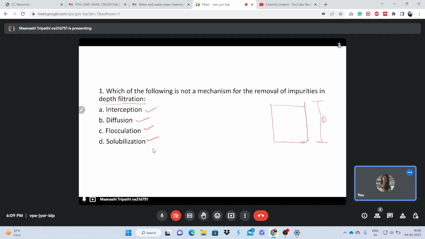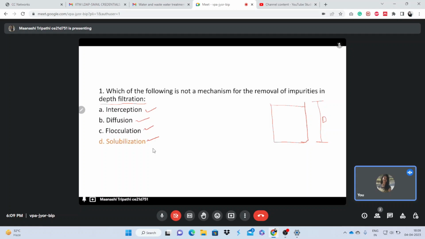When we talk about depth filtration, there are a few mechanisms by which particles will be captured. Interception is the common mechanism. If some particle is coming, it will be intercepted if the size of the particle is bigger. But other mechanisms may differ.